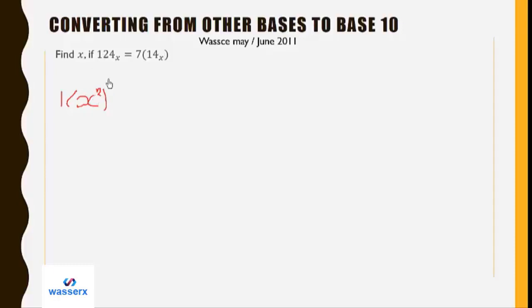Then plus the value of 2, which is 2 times x to the power 1. Then plus the unit digit, which is 4 times x to the power 0. The x to the power 0 will give us the unit digits, and in that order.